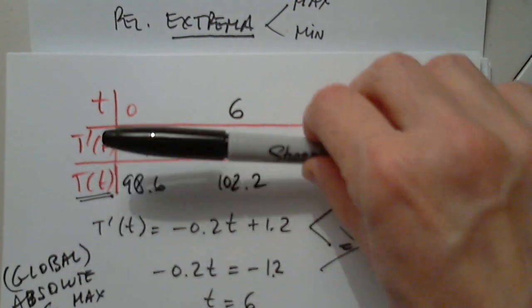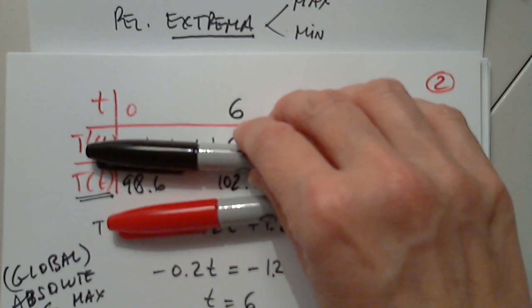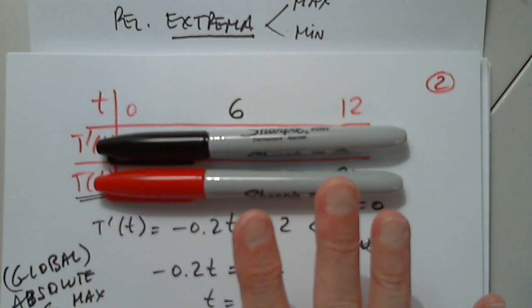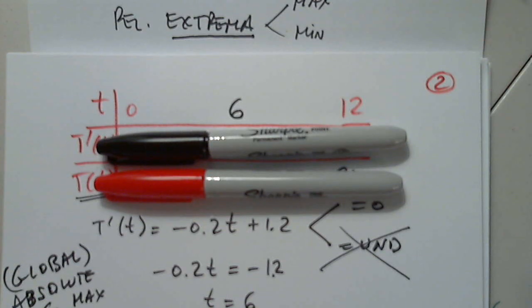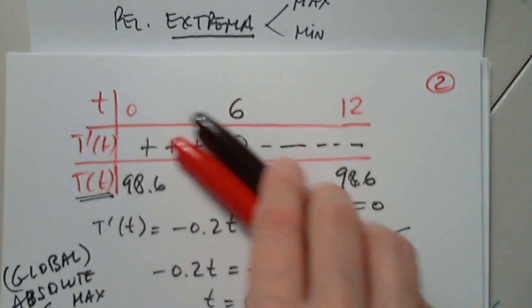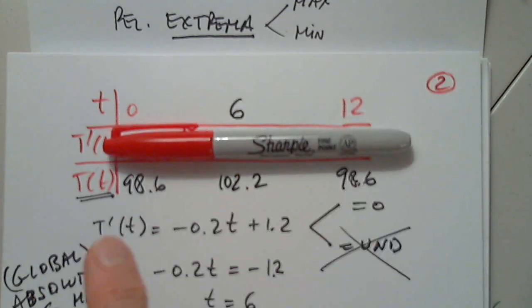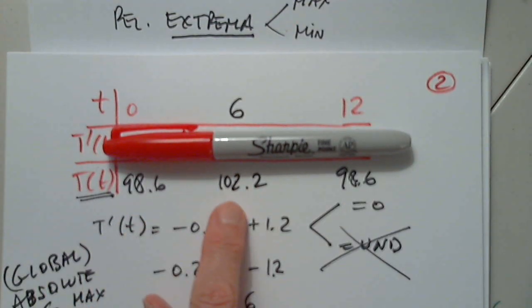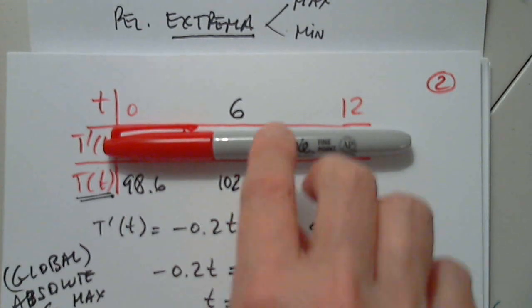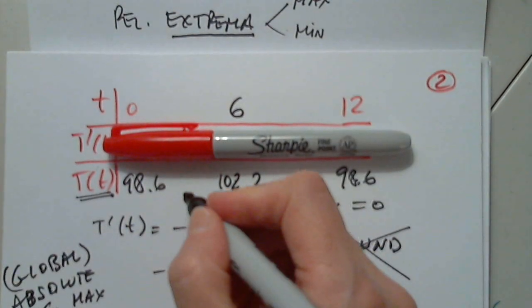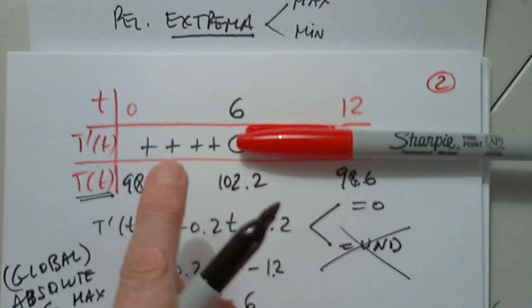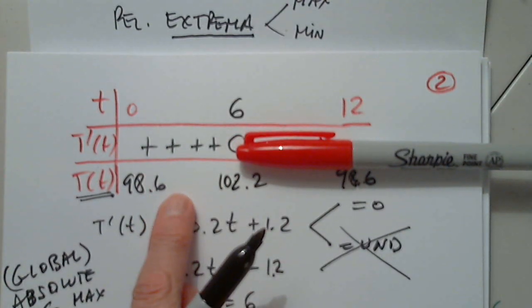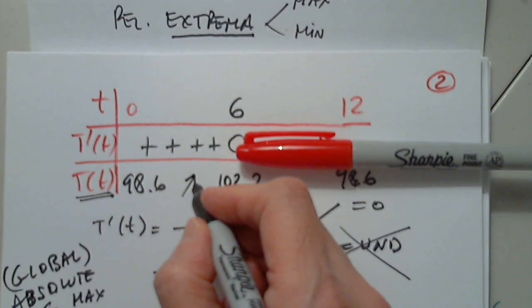So now we need to make sure that these two rows work well, or they are in sync. This is when I catch my mistakes. Let's see. From 98.6 to 102.2, what does the function do? Increasing. So I'll put an increasing here, but I verify. Is this supported by the sign of the first derivative? Yes, it is. Awesome.